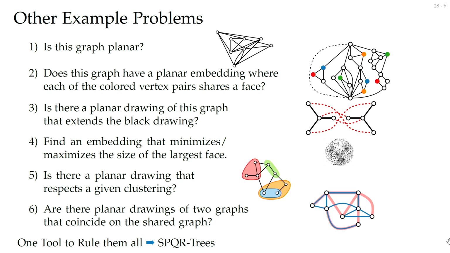So whenever you have some structural properties, you want to extend something or you want to glue stuff together, and it's easy for the three-connected case for most of these problems because there's a single embedding, then it makes sense to look at these SPQR-trees, try to figure out a way how can we glue stuff together, and maybe you can also solve it for the more interesting bi-connected case.